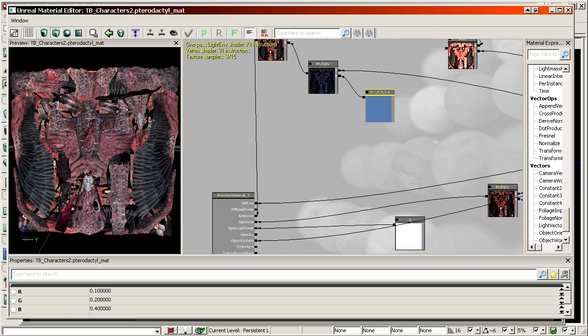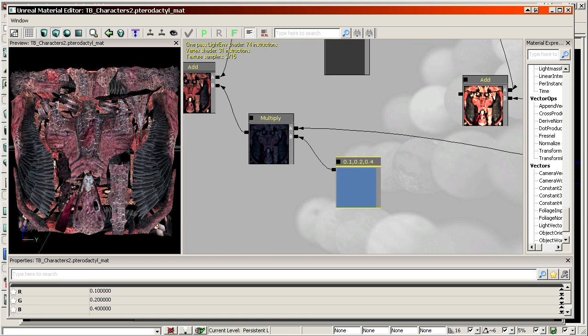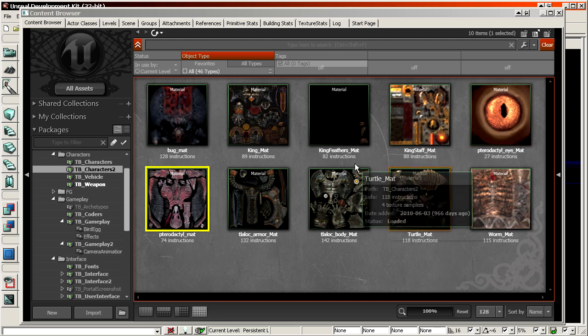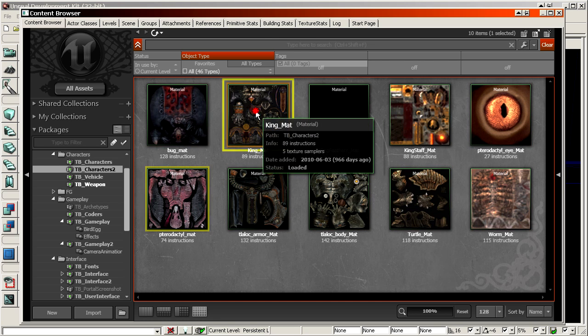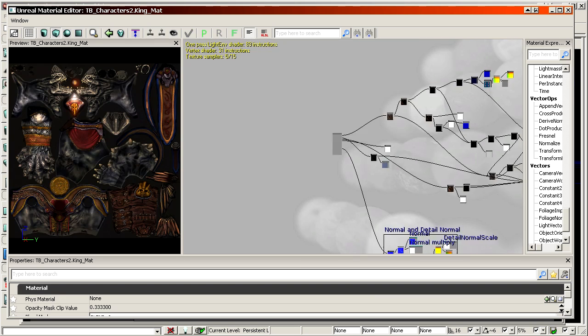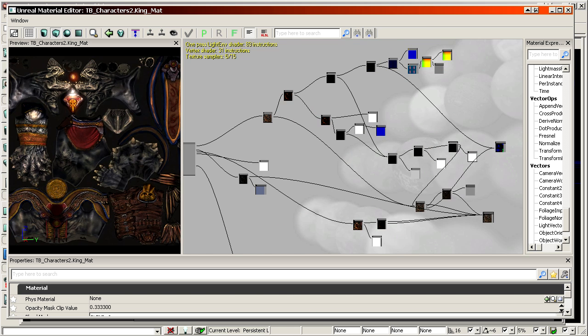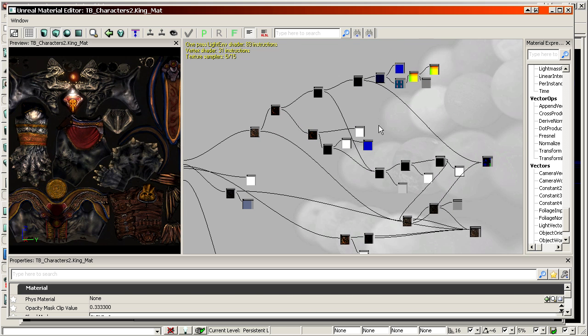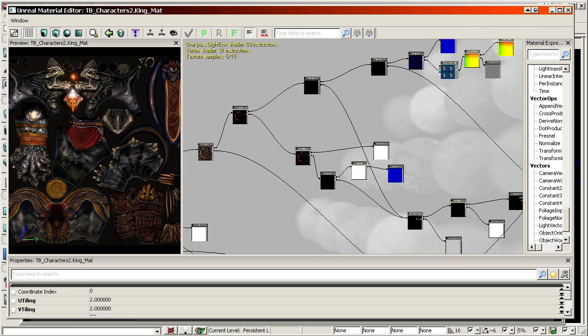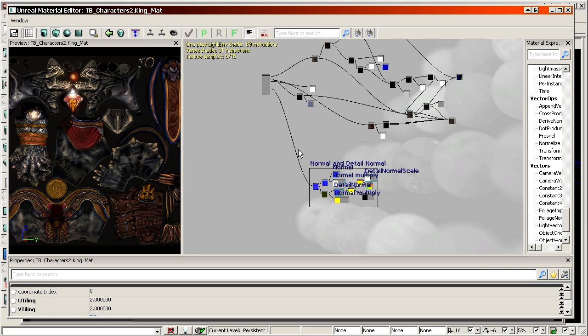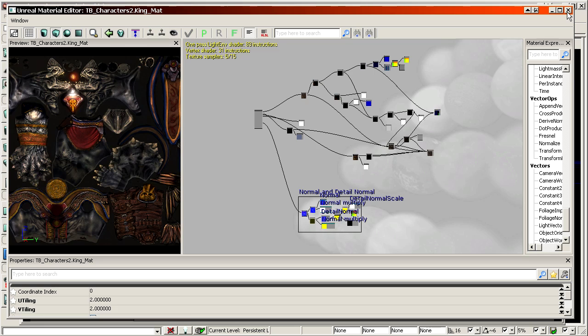This is ambient light, I believe. Yes, this is ambient lighting, etc. This was a non-gameplay character. So there's no electricity, no burning, no dissolving. It's just reflection there, rim lighting there, and detail norm mapping there.